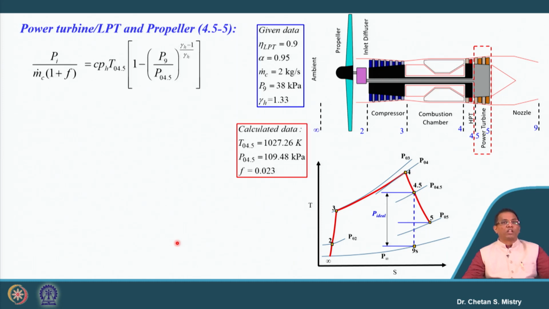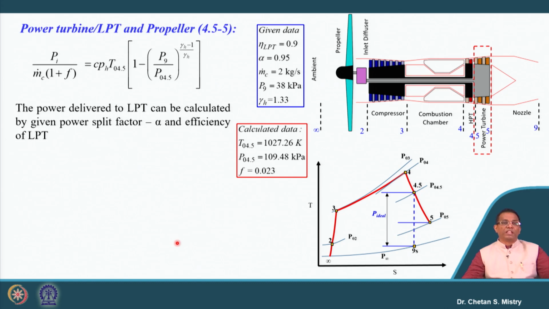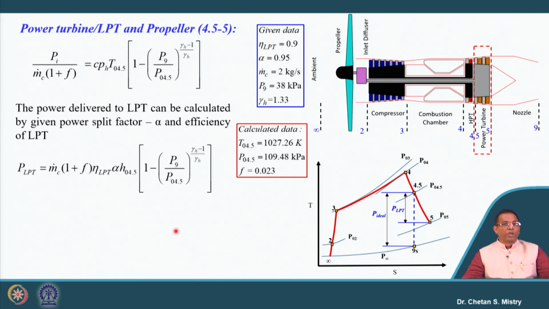Okay, now let's look at this same. What we are discussing is we are given with the number, my power split factor and the efficiency. So this value we can put in a different form. What will be the different form? Just look here.